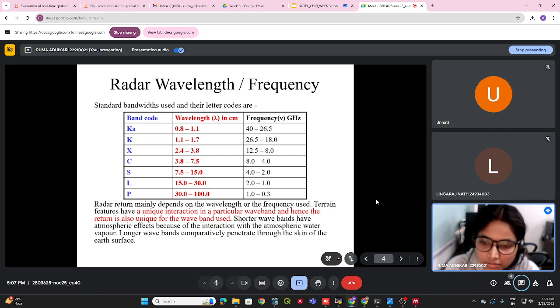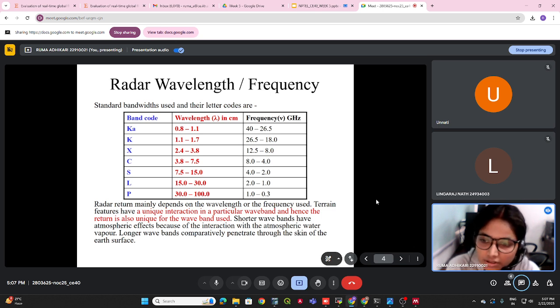In this session we will work with ALOS-2 data, that is L band, which varies from 15 to 30 centimeter wavelength, and also the C band data, Sentinel-1 data, which has 2.4 to 3.8 to 7.5 centimeter wavelengths.